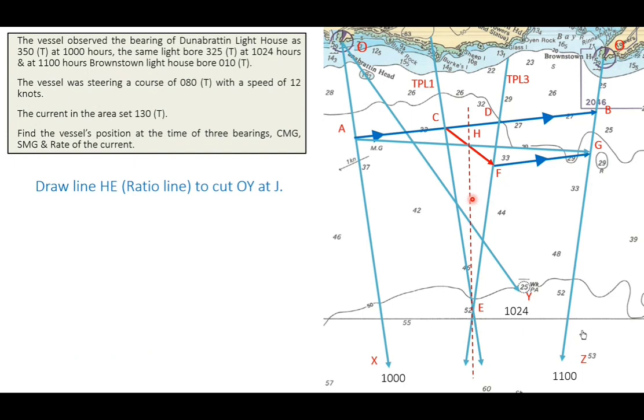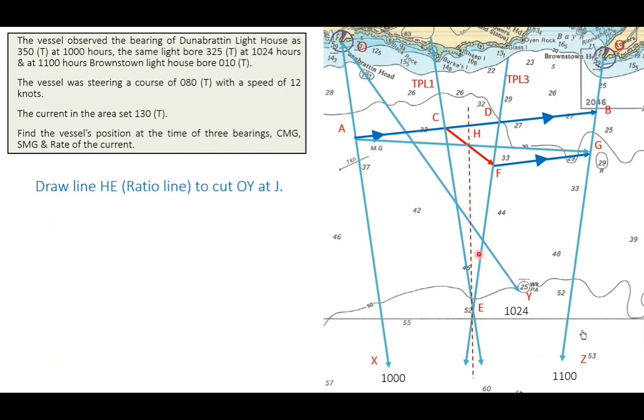Moving further, when we have this HE line plotted on the chart, you will see that this HE line is going to intersect our middle bearing. Our middle bearing is OY. The middle bearing is already plotted on the chart.